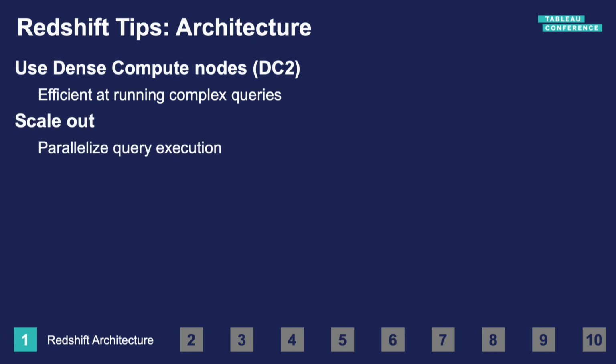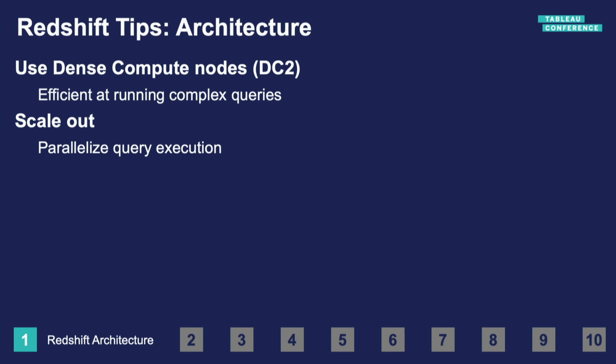The next thing is that you can size your Redshift cluster based on your capacity. And you have two ways to do that. You can make each node more powerful, and that is scaling up, or you can have more nodes to achieve that parallelism that we were talking about.